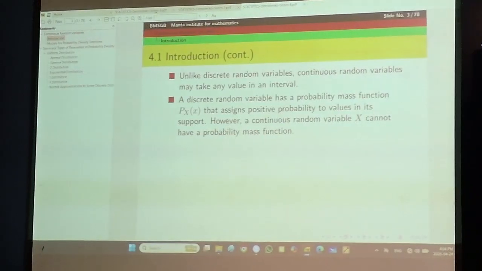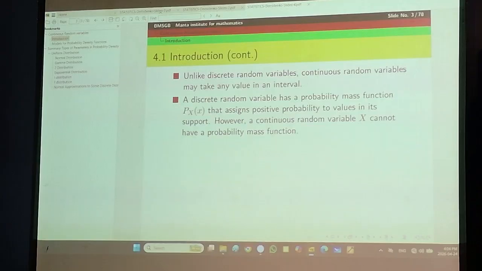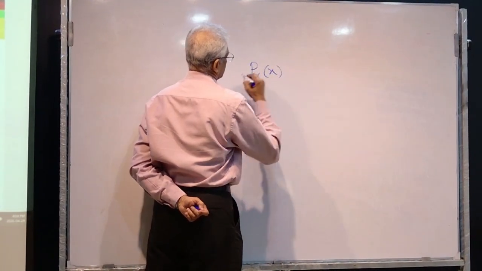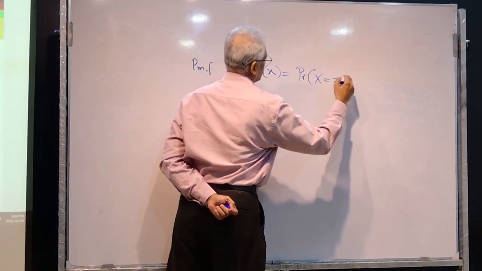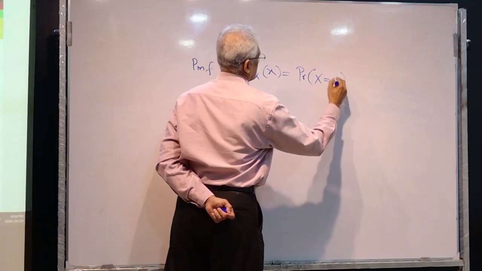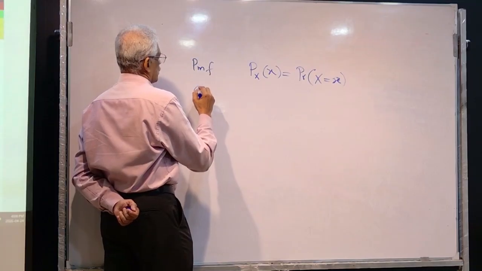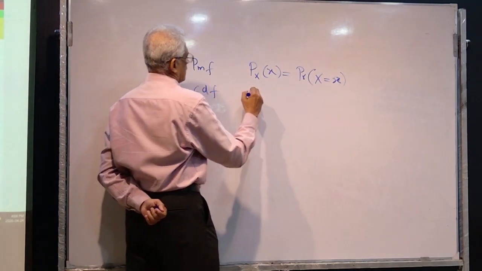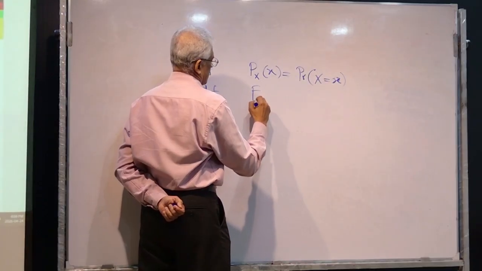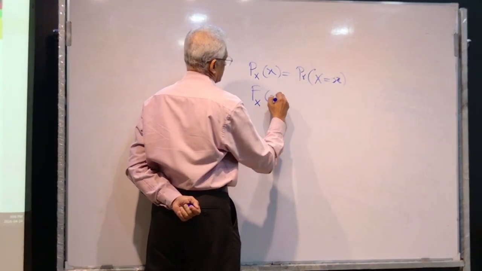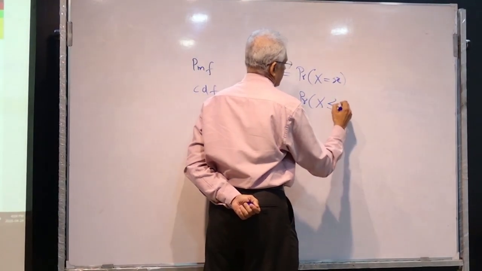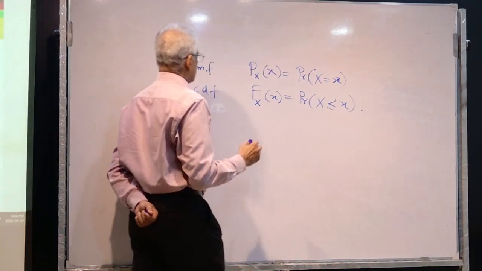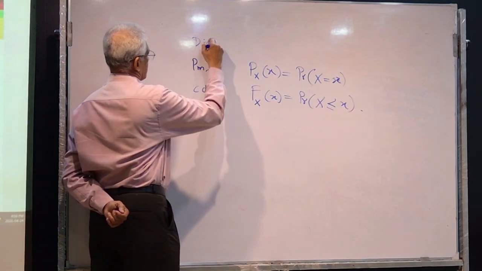So the PMF is usually denoted by Px(x), that is the probability that X is equal to a simple x. And the other one is the cumulative distribution function, which is usually denoted as capital Fx at some value x. This is the probability X less than or equal to x. So that is for the discrete case.